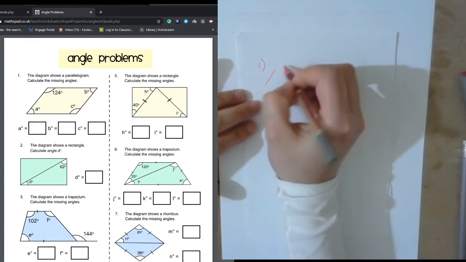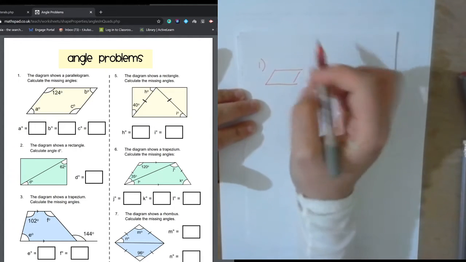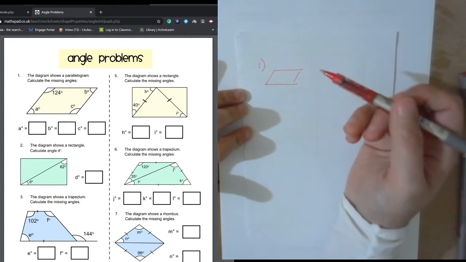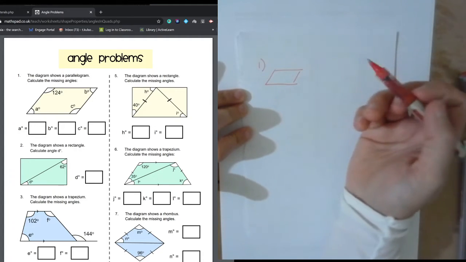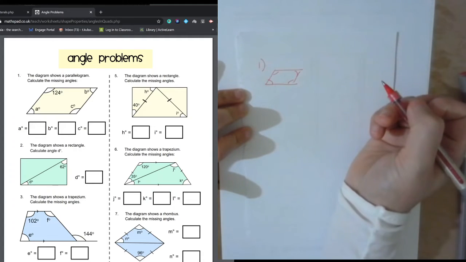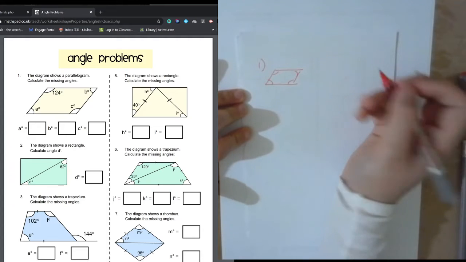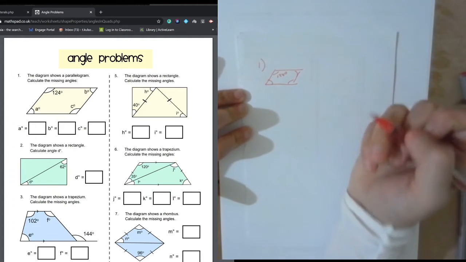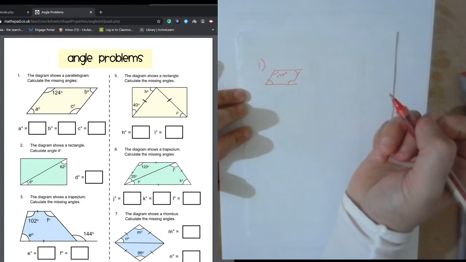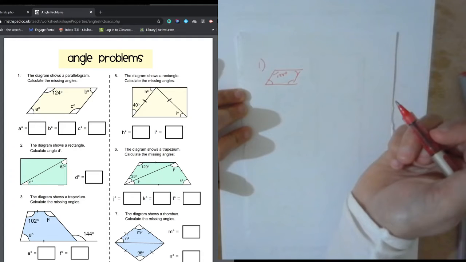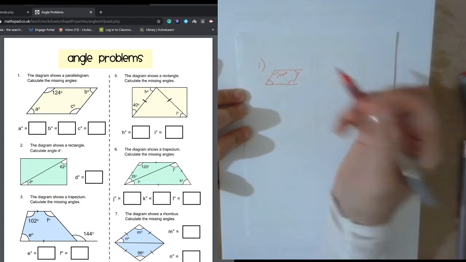First thing you need to do is say, is this a special quadrilateral? They've already told you that it is a parallelogram. So what do I know about parallelograms? If this is 124, obviously pause this if you're going to do it by yourself, and then try it, and then unpause, and then we'll go through the answer. Awesome.